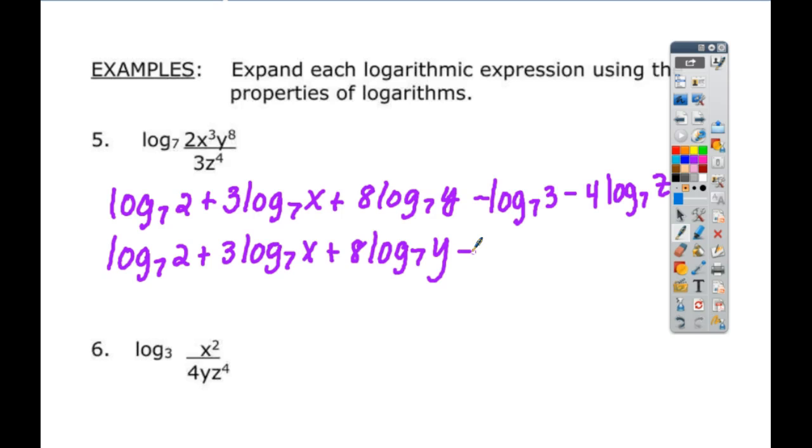So if I say this is minus, everything down on the bottom is minus, right? So if I just ignore that it's on the bottom, what's going on here? Multiply, right? So if I put a minus in a parenthesis, can I have log base 7 of 3 plus 4 log base 7 of z?